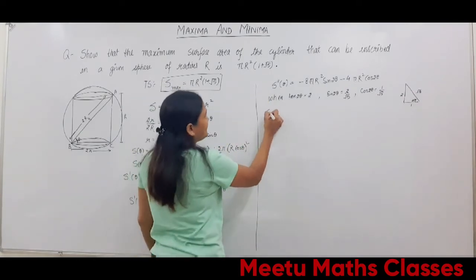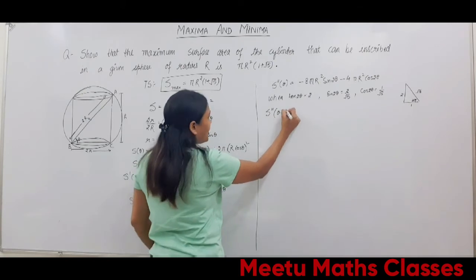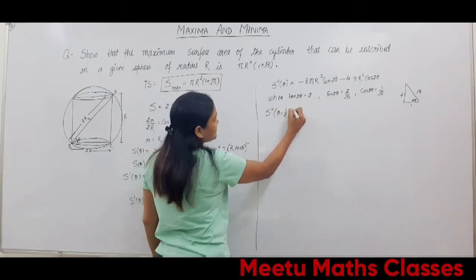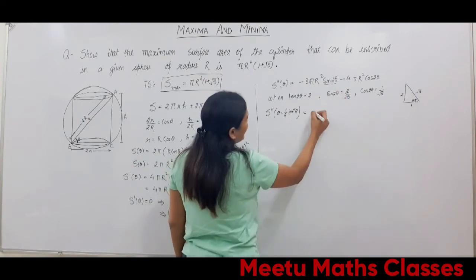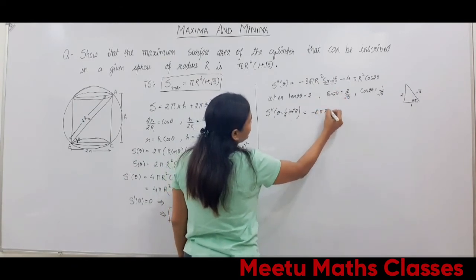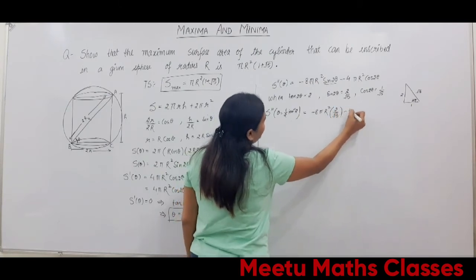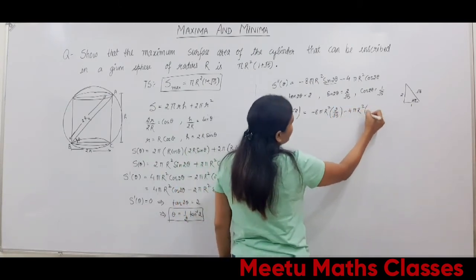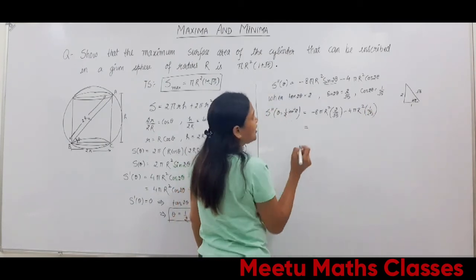So the second derivative when theta is equals to half of tan inverse 2, at this critical point, sin 2 theta की जगह आप क्या लिख सकते हैं? You can write 2 upon root 5 and cos 2 theta की जगह you can write 1 upon root 5.